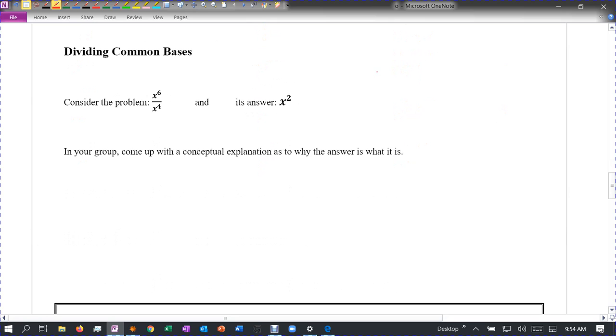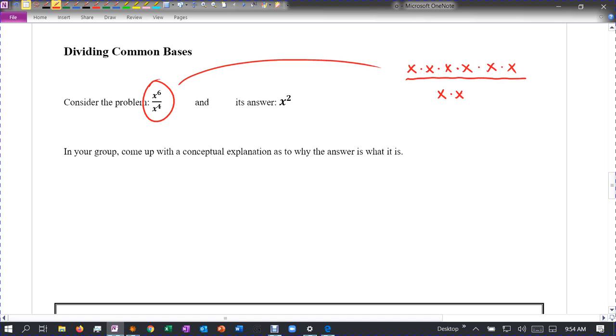So to show you this, let's take a look at this expression over here. X to the 6th means we have 6 x's being multiplied on top, 1, 2, 3, 4, 5, 6, and then on the bottom we have 4 x's, 1, 2, 3, 4, and then what happens is we start getting some cancellation.